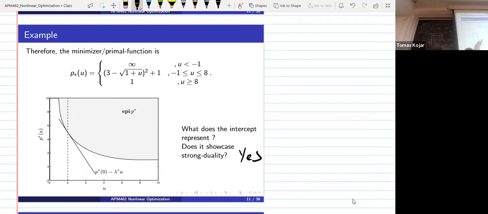At u equals 0 is where the graph hits the f star, and then this line is the maximization. So you have f star equal to phi star, the dual. Does that make any sense? If you like, we call it pi star 0.